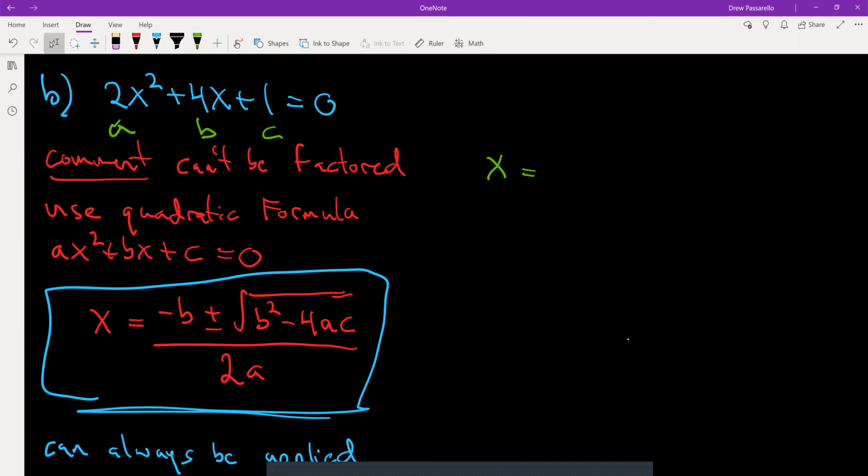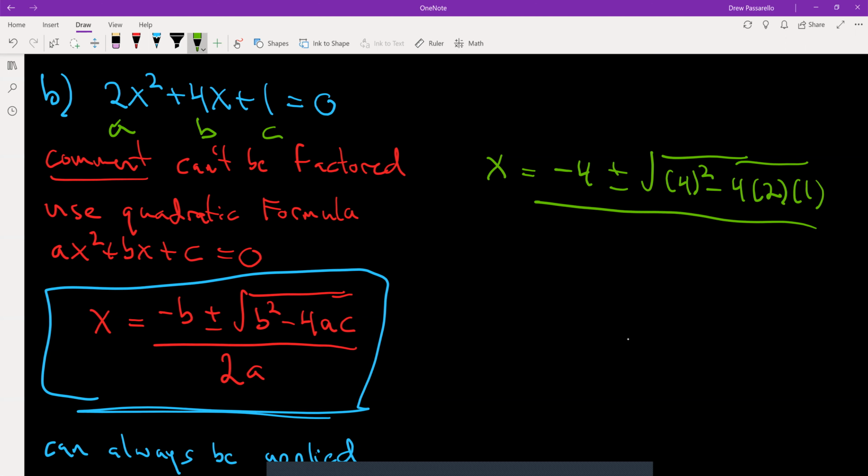So that's going to be -4 plus or minus the square root of 4 squared minus 4 times a, which is 2, times c, which is 1, all divided by 2 times a, so that's 2 times 2. So 4 squared is 16, so I have 16 minus 8, since 4 times 2 is 8, which gives me 8, and then divided by 4.